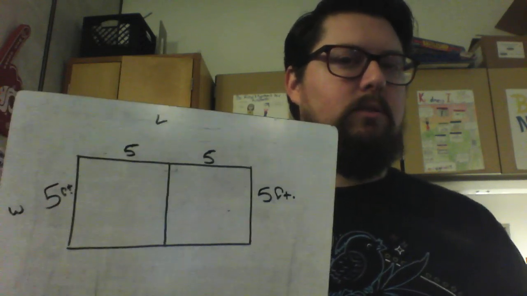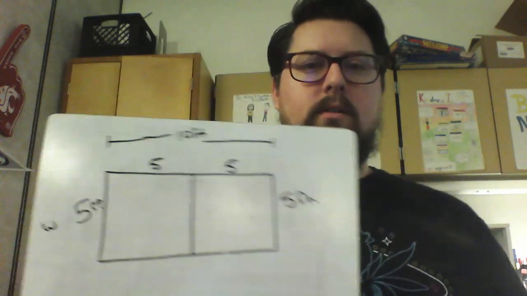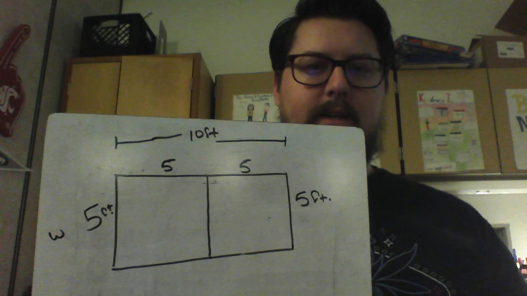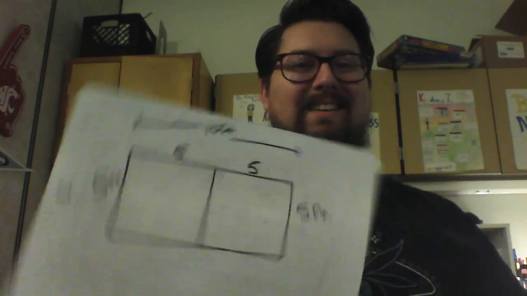Okay, so add them up. 5 plus 5 is 10 total feet. 10 feet for the length. If this side is 10 feet, then this side is, you got it, 10 feet.